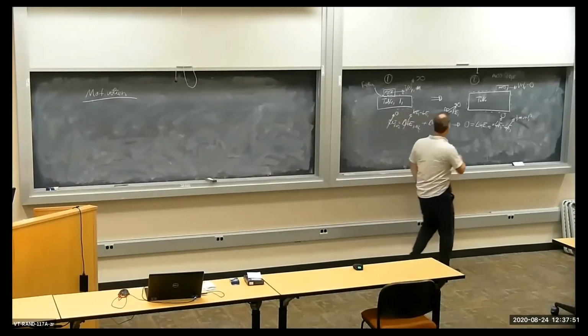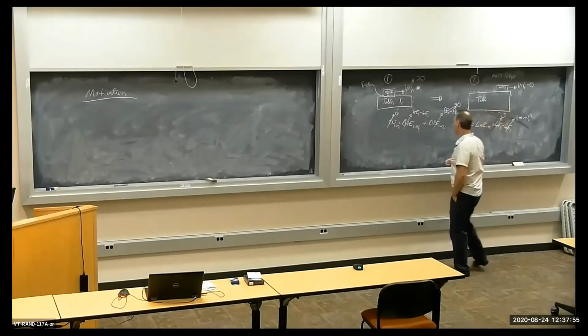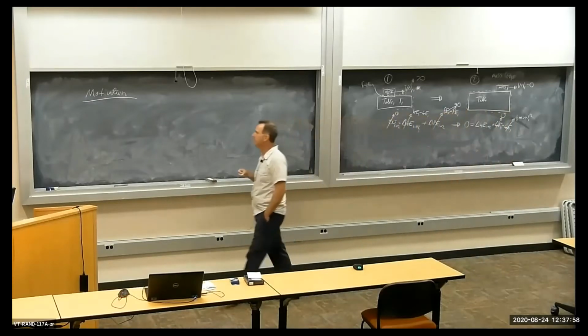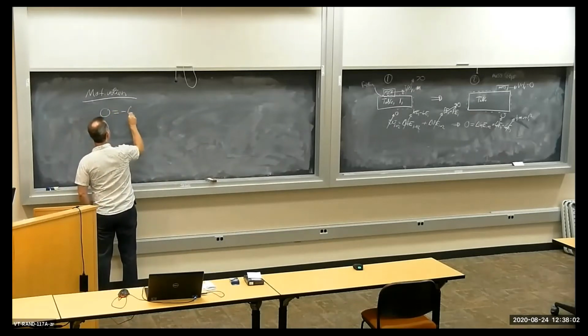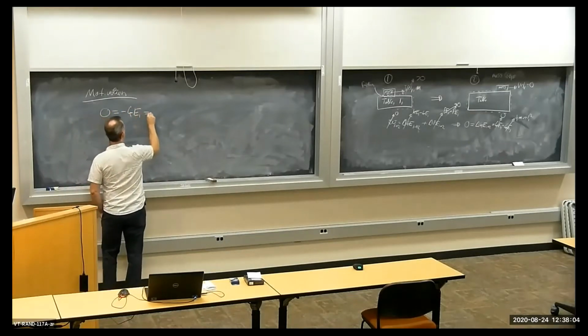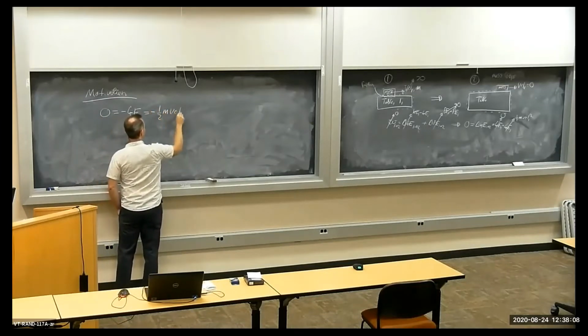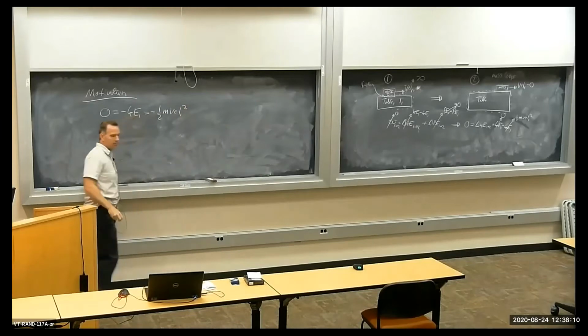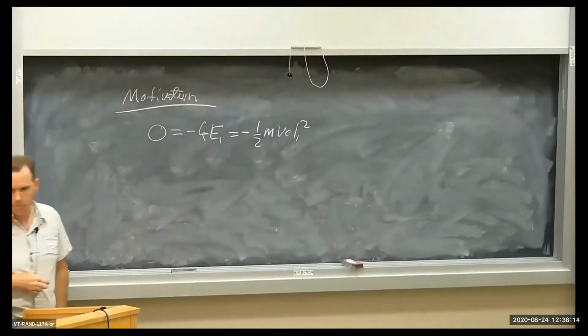So I have 0 on the left is equal to minus KE1. I got 0 is equal to minus KE1, which is minus 1/2 mass velocity 1 squared. Okay?